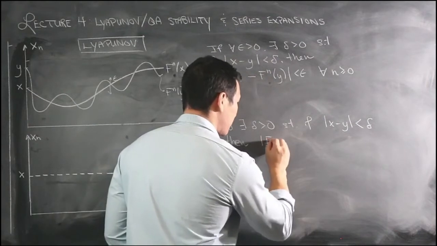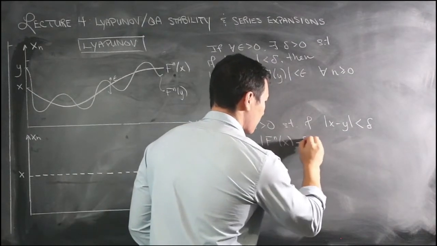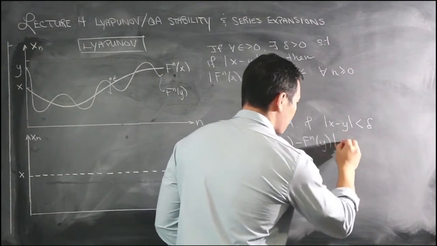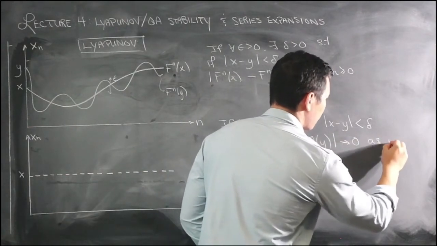The difference between the images will tend to 0 as n tends to infinity.